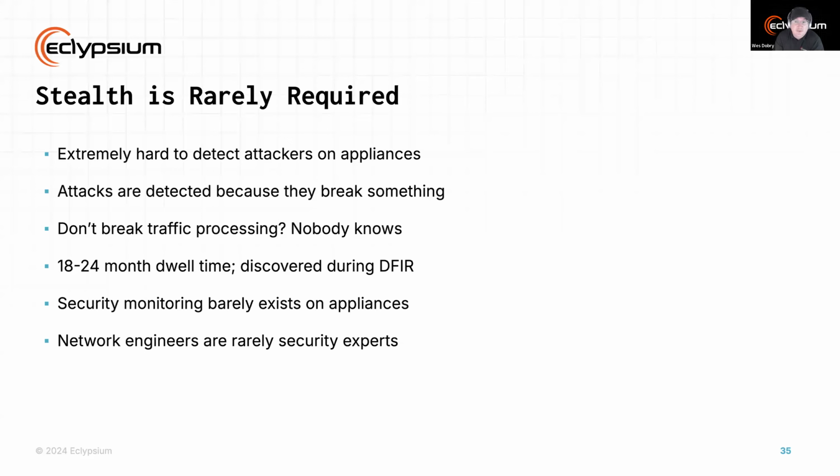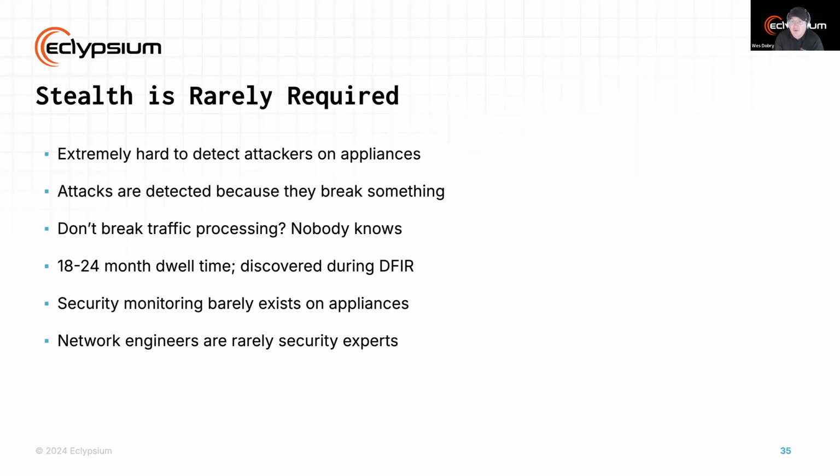If it doesn't, you are not generally looking at it. So if the attacker doesn't break things like traffic processing, nobody's really looking at that device in most environments. This has led to 18 to 24-month dwell times of these threat actor groups that are only discovered way after the fact when something else happens.